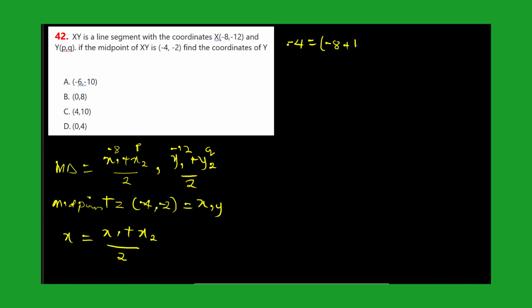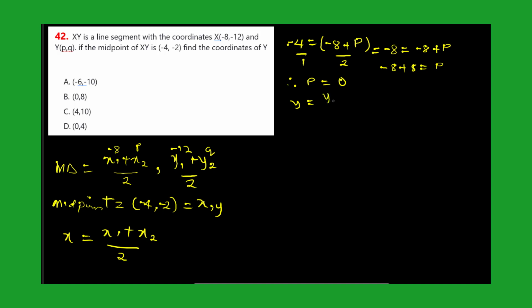So here will be p. And let's multiply. I'm going to have minus 8 equals minus 8 plus p. Minus 8 plus 8 equals p. Therefore p equals 0.